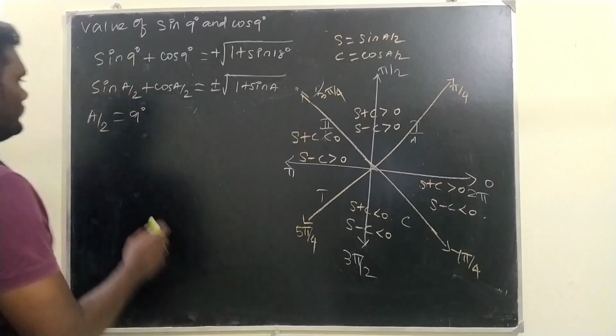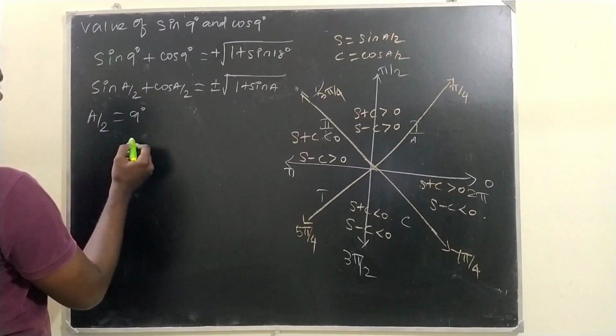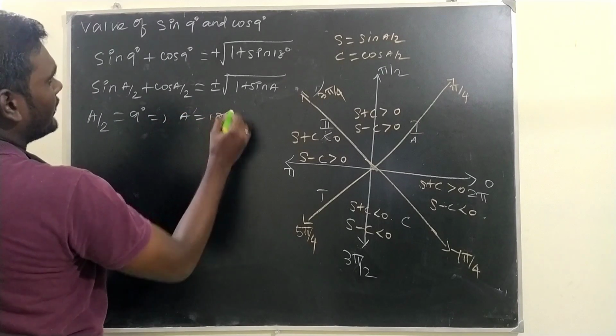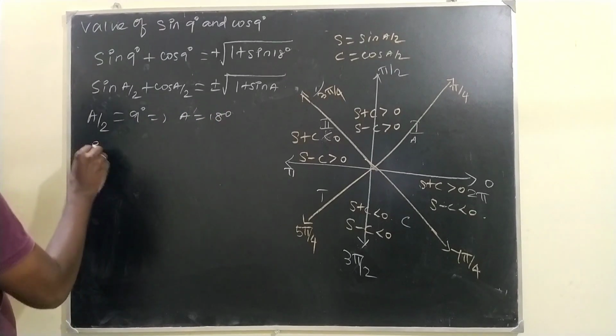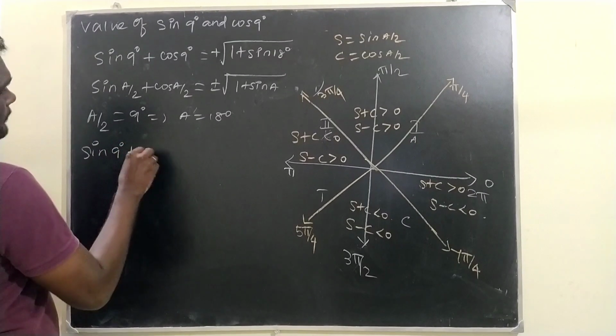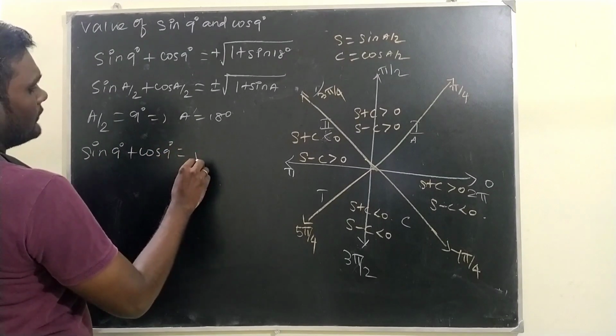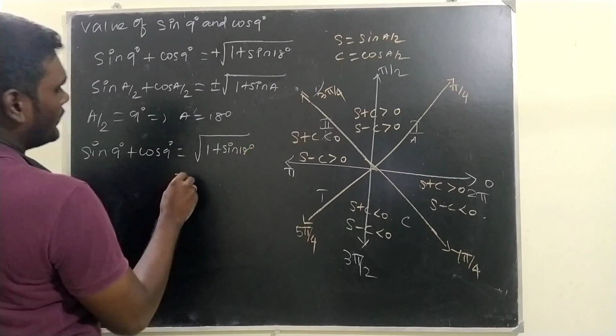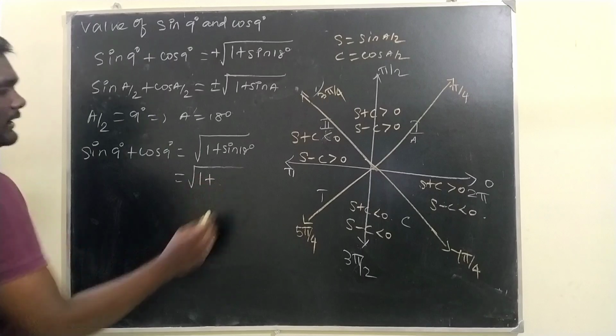Okay. So we have that A is equal to 18 degrees. Is it or not? So sin 9 degrees plus cos 9 degrees will be square root of 1 plus sin 18 degrees. That I wrote already. So sin 18 degrees, what is it?